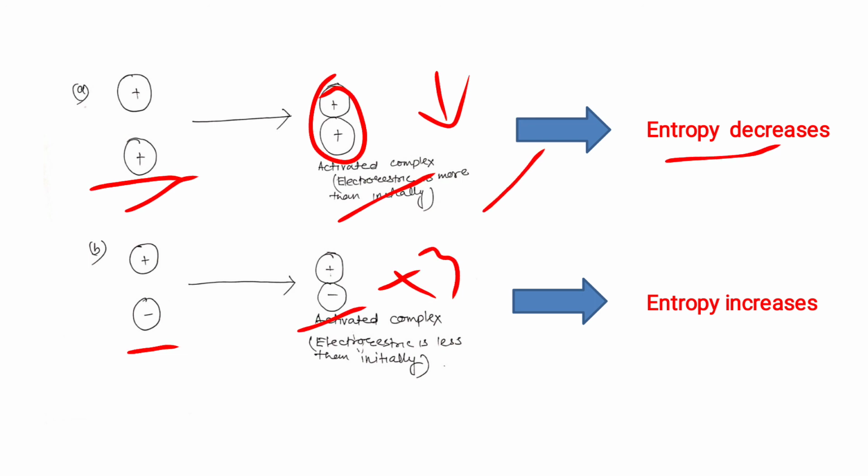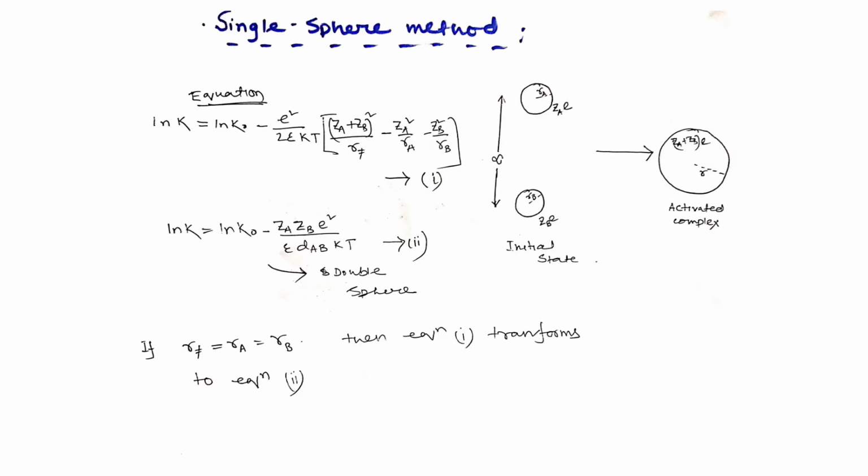So here entropy will increase in this case, because here the electrostatic restriction is less than initially, but in the same-charge case the electrostatic restriction is more than initially.